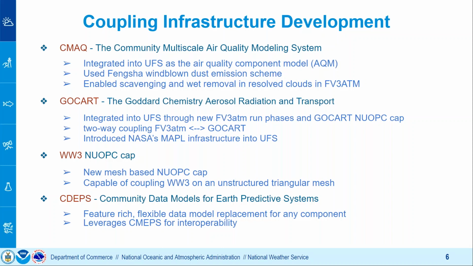And we developed a new WaveWatch3 UFS cap. It is mesh-based and it has the unstructured triangular mesh feature. And another one is CDEPS. It is a model component that brings a new feature to UFS. We'll talk about that later.